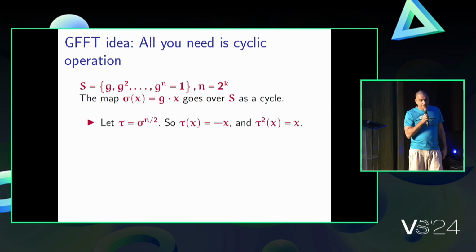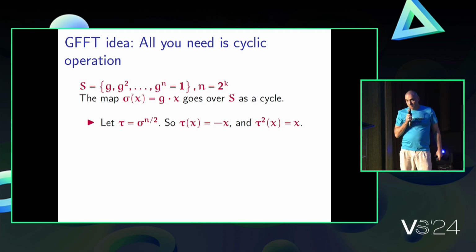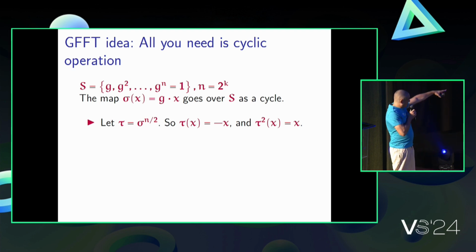So we can define tau to be sigma to the n over 2, so sigma applied n over 2 times. And you can check that in this case, tau will just be the mapping x goes to minus x. And just from the fact that sigma is a cycle, we get two things.